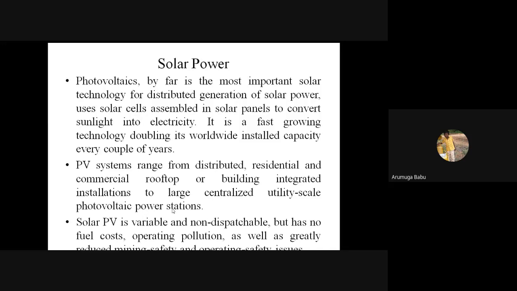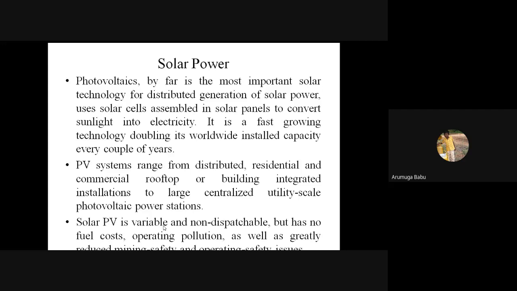In solar thermal, the heat from the sun is extracted, and by producing steam, we run a small thermal power plant. In a photovoltaic, the intensity of the light is converted to electric energy, and it can be installed on residential rooftops and buildings.